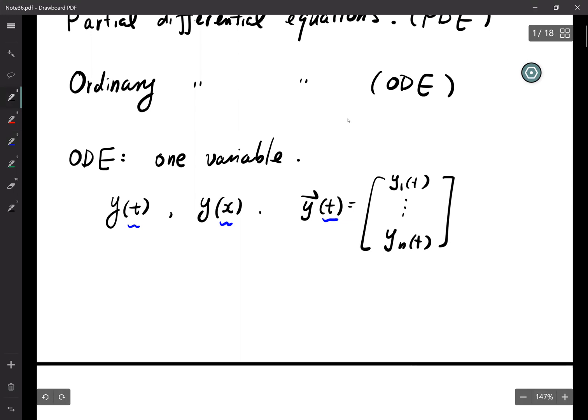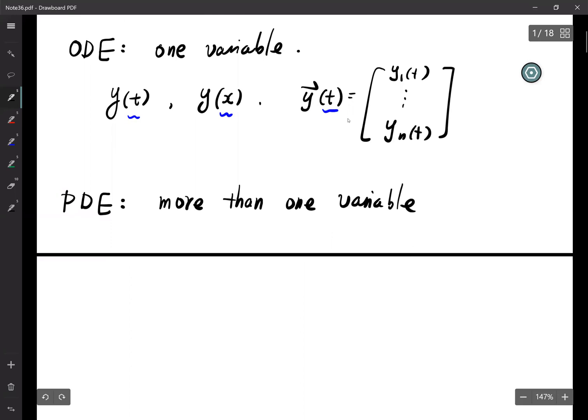However, in the case of PDE, we need to deal with functions that depend on more than one variable. Again, the name of the variables doesn't matter. I can call one x, which is space, the other time, or I can have multiple spatial variables.